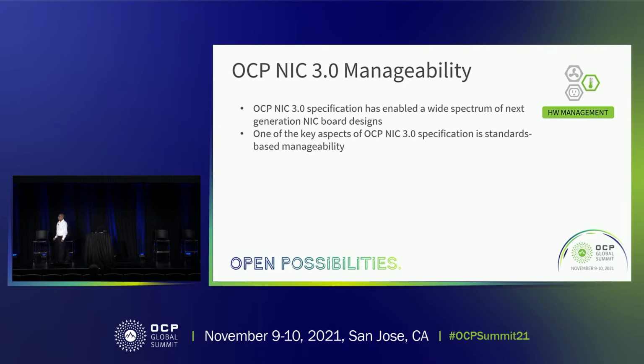Okay, so OCP NIC 3.0, just a quick intro on this. This effort started in Open Compute Project in 2018. It took about 3.5 years to define this. Pretty comprehensive spec, covers all different aspects of a NIC, from the form factors, signals, pin definition, to security and manageability features.